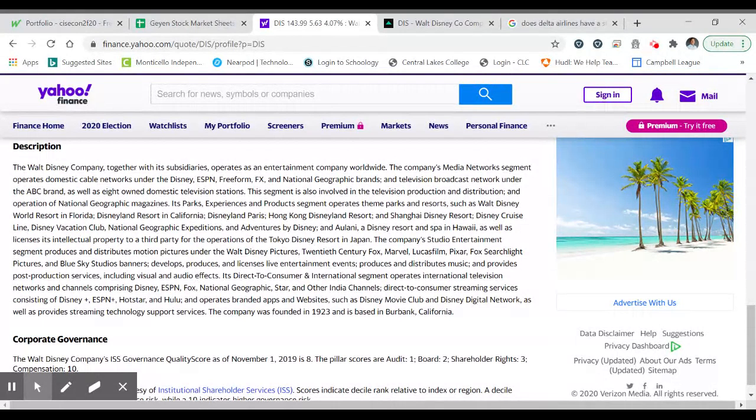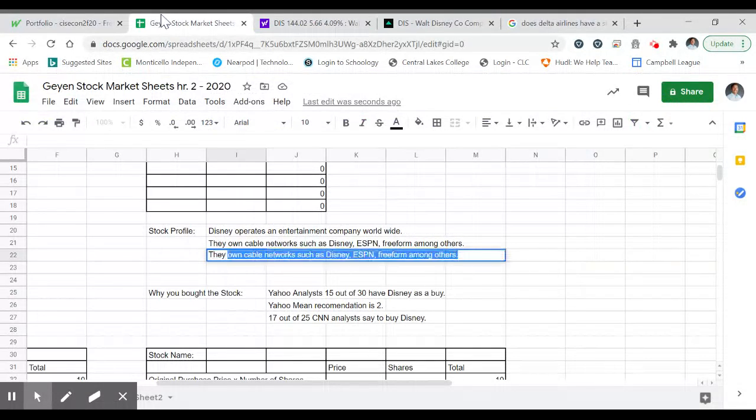So they operate resorts, digital pictures and movies, as well as Disney Plus and ESPN Plus. So there you go. So I got 3 things about the profile. I have why I'm going to buy the stock. So overall, Disney seems like a pretty good buy.